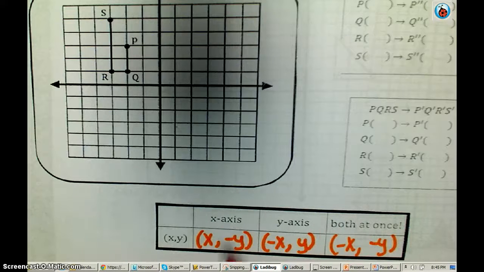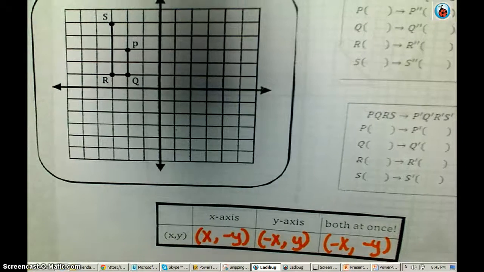When you reflect across the x-axis, you're keeping the x and y in the same position, but then we're going to take the opposite of the y coordinate. When we're doing the y-axis, we're going to keep them the same, but then we're going to take the opposite of the x coordinate. When we do both at once, we are going to take the opposite of x and the opposite of y.